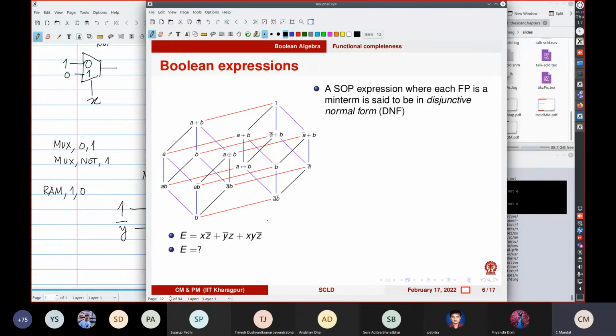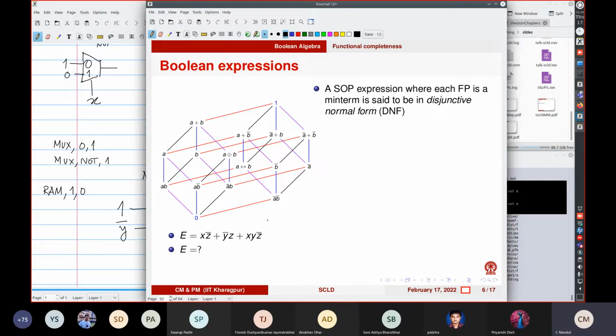All right. So a sum of products, you know what a sum of products is? Each term, we can just call it a term, but if you want to go by the syntactic expression, it is called a fundamental product.